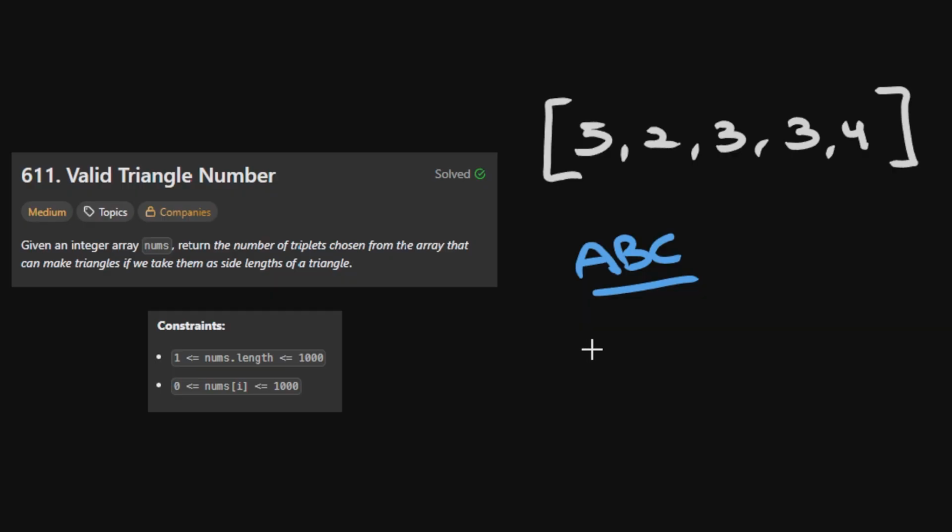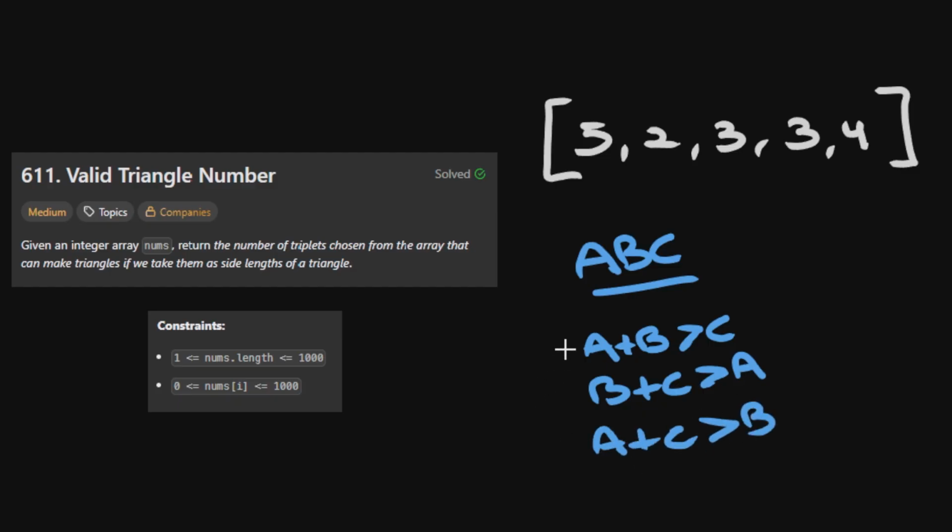And the general rule for a valid triangle is that A plus B is greater than C, B plus C is greater than A, and A plus C is greater than B. Okay, so this is required for any valid triangle.